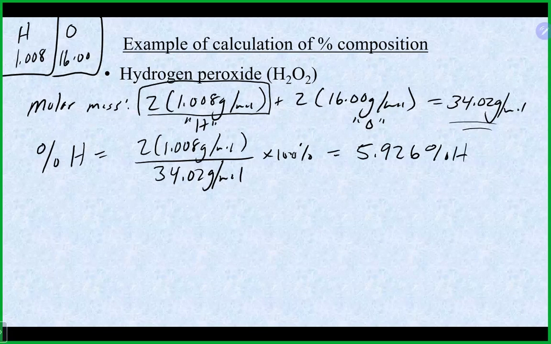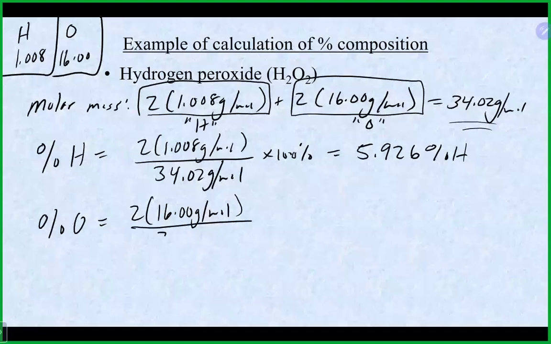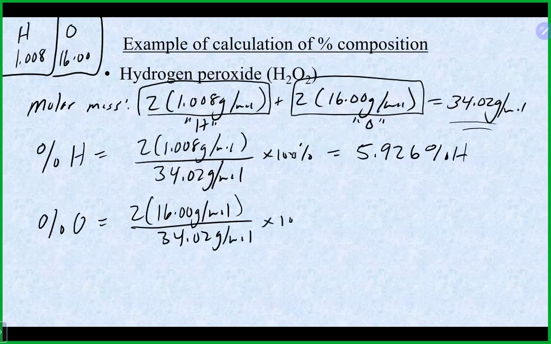We could do the exact same calculation for oxygen in this case. We do have 2 oxygens, and it basically will be this. So 2 times 16, which is 32, divided by the molar mass of the entire compound, and times 100%.